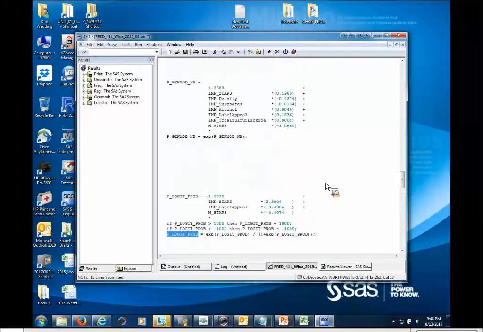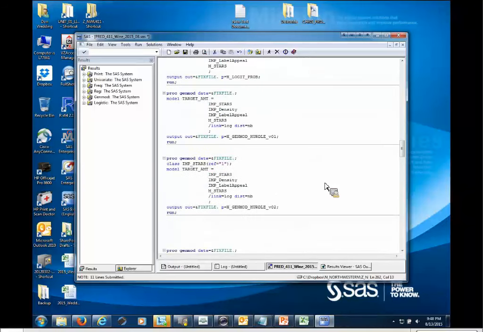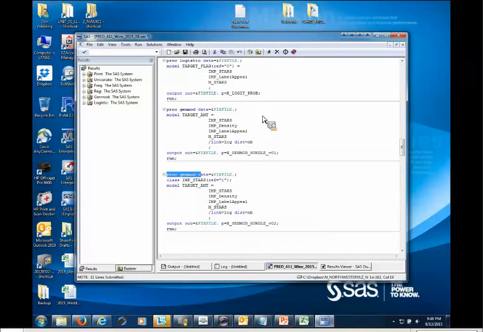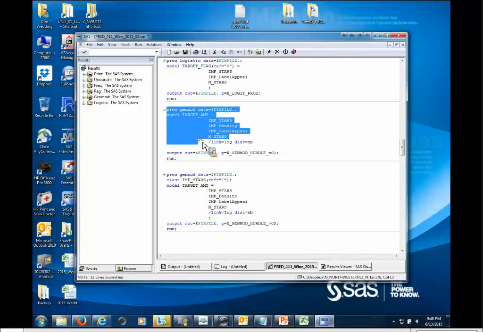Then the next thing I'm going to do is I'm coming up here and I'm saying, now, proc genmod, and I'm going to build, if you did buy some wine, how much wine are you going to buy? So I'm building a genmod here. I'm doing 2 different ones, genmod 1 and genmod 2.